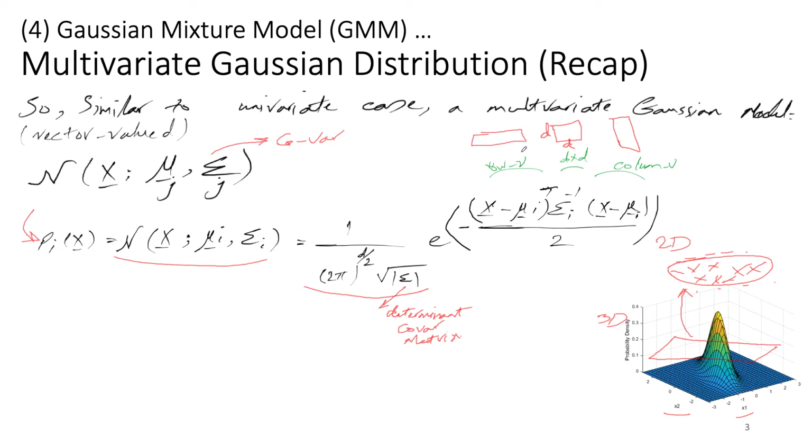All right. So can anyone tell me, if you multiply a row vector of d with a d by d matrix and a column vector of d, what's going to be the result?